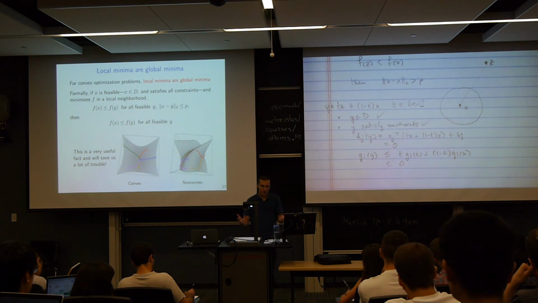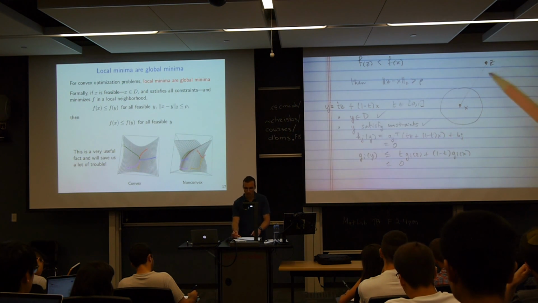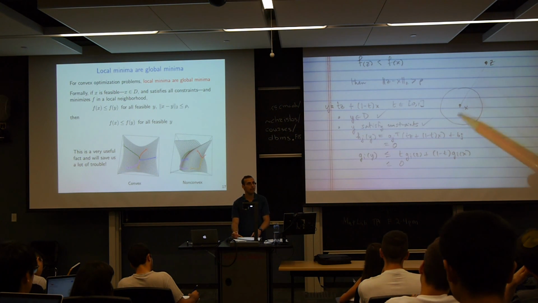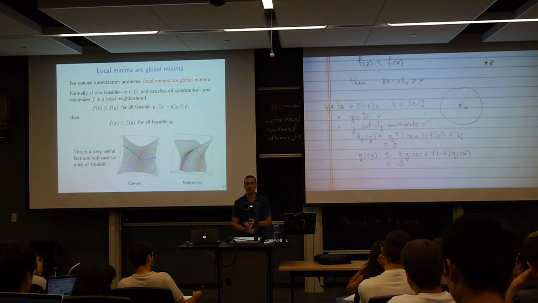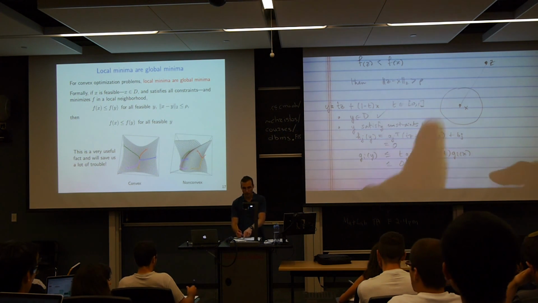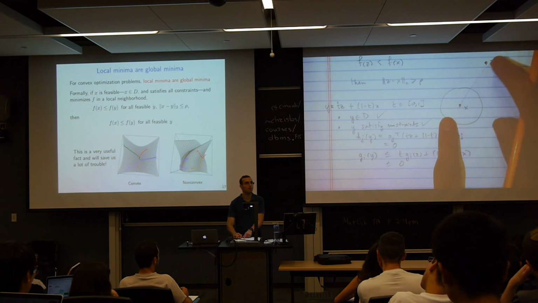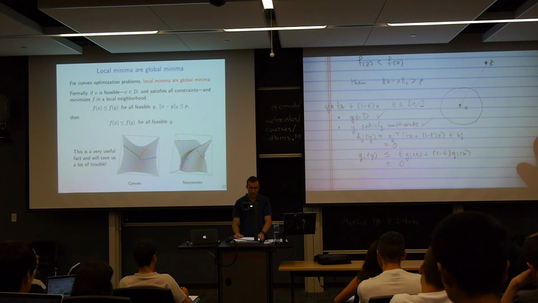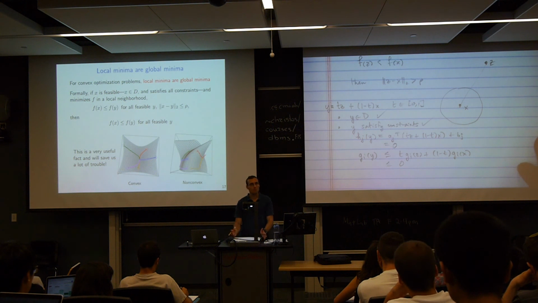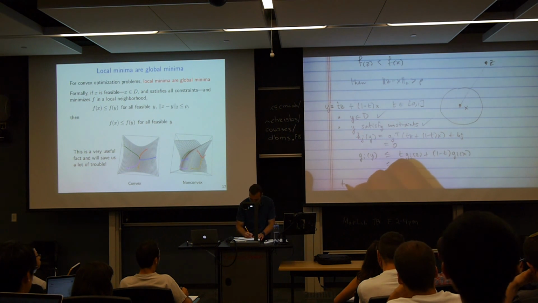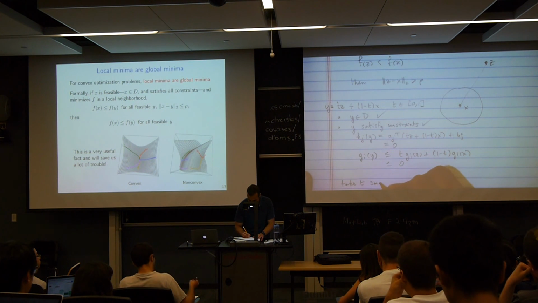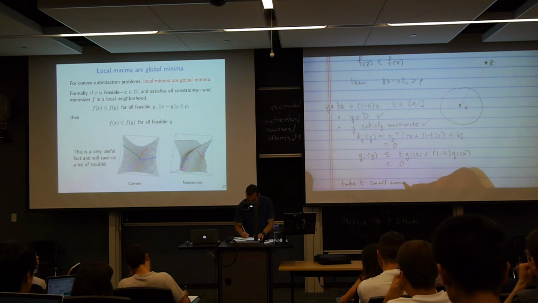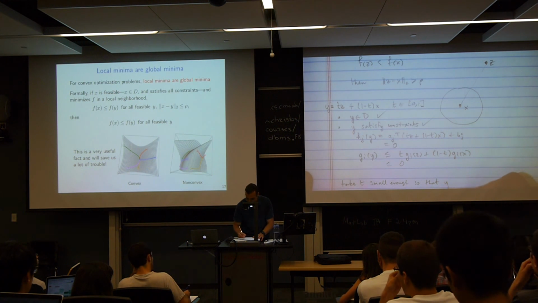So okay, what we just learned is that if we take any point in between z and x, interpolating, it's still feasible. It still satisfies the constraints. It's still in the domain. So any one of these points is a candidate for the optimization problem. And now let's just take t small enough so that y is in this set.